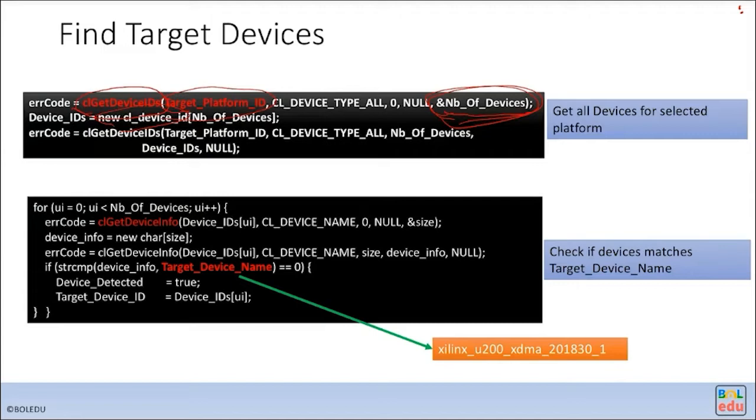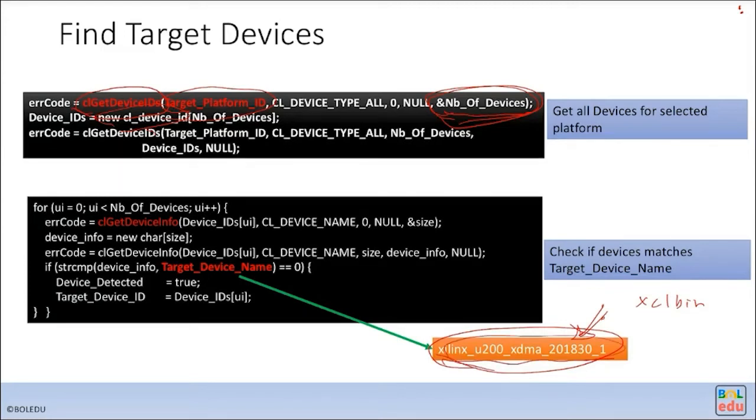Next, it has to query the device, since in this example the XCL bin was compiled for a specific Xilinx device. Besides identifying that it is a Xilinx device, you have to identify the specific FPGA device by its name.